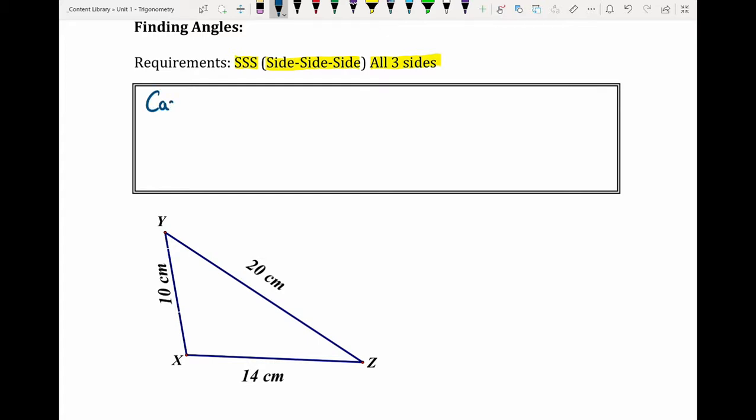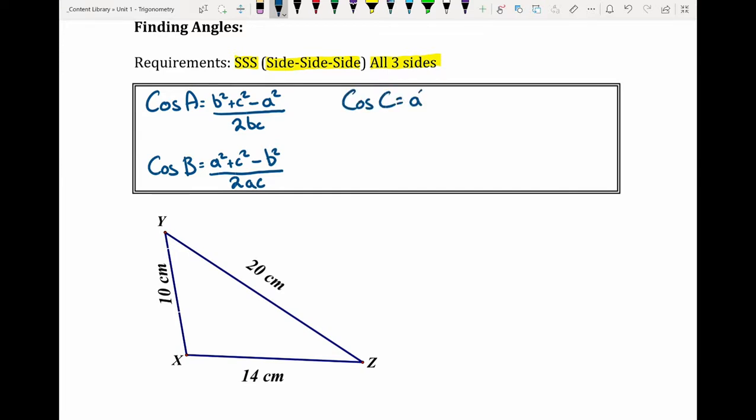So let's say, for example, I want to find angle A. My formula would be cosine A equal to B squared plus C squared minus A squared, all divided by 2BC. Trying to find angle B, cosine B is equal to A squared plus C squared minus B squared divided by 2AC, and then cosine C is equal to A squared plus B squared minus C squared, all divided by 2AB.